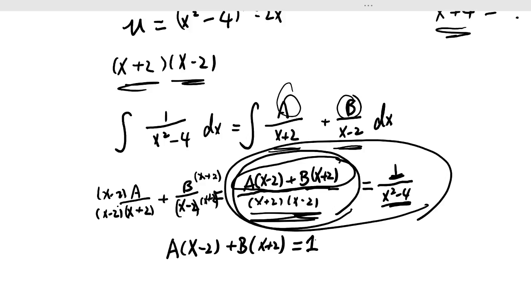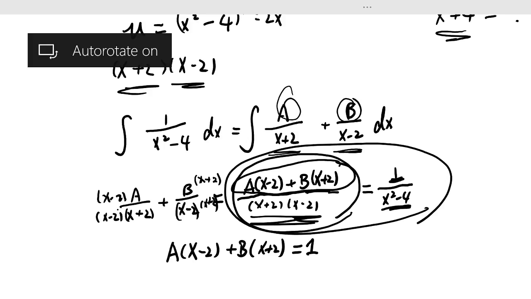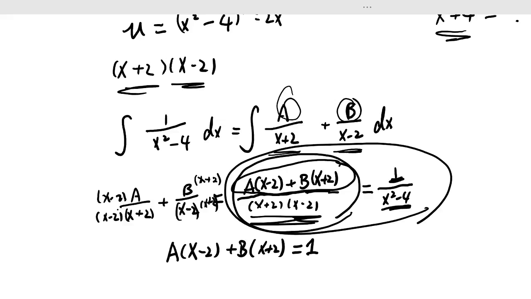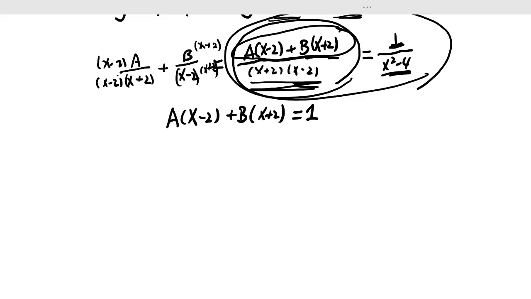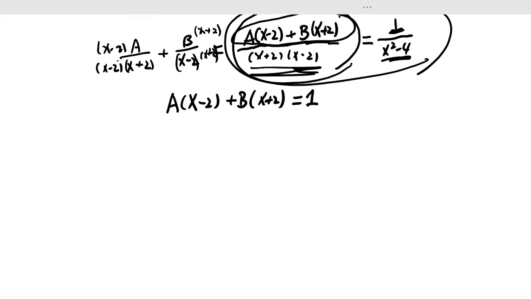The first way to solve that is we substitute numbers we want. Of course, the numbers have to be good for us to solve the problem. So the numbers we choose are trying to get this term to be 0 or this term to be 0.